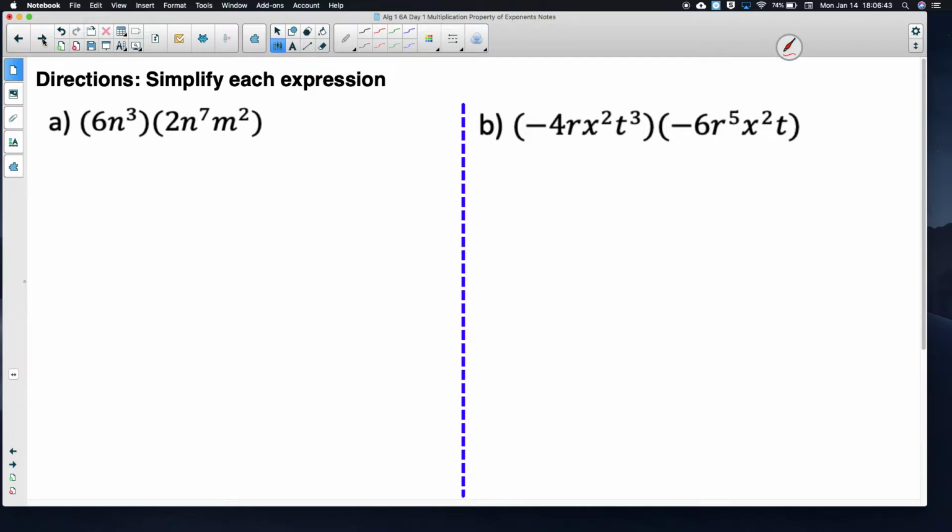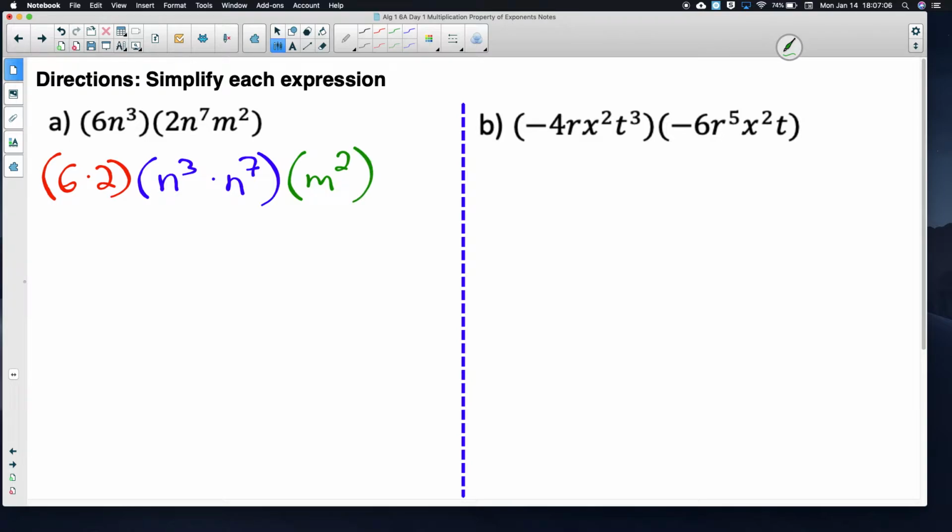For example, in A, I want to group together 6 times 2, the numbers. The next thing I want to group together are the n's: n cubed times n to the 7th. And then I've also got an m squared here. There are no other m's, so m squared is just going to be by itself.